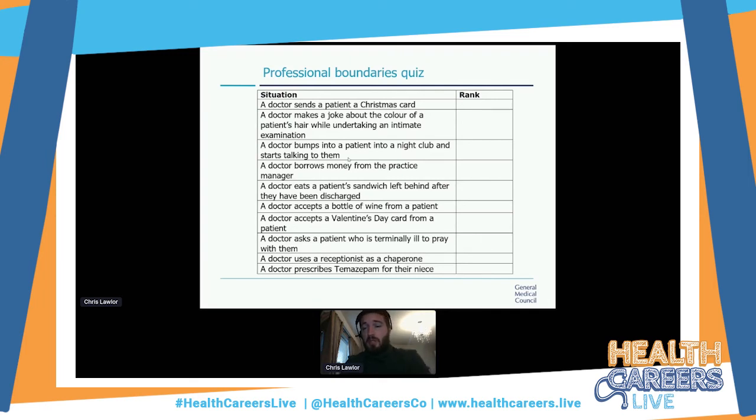So if you bump into a patient in a nightclub, just because you are medical students or doctors does not mean that you don't have lives and that you don't go out. Potentially you might end up working in quite a small community, and you will see patients that you are treating on a regular basis.